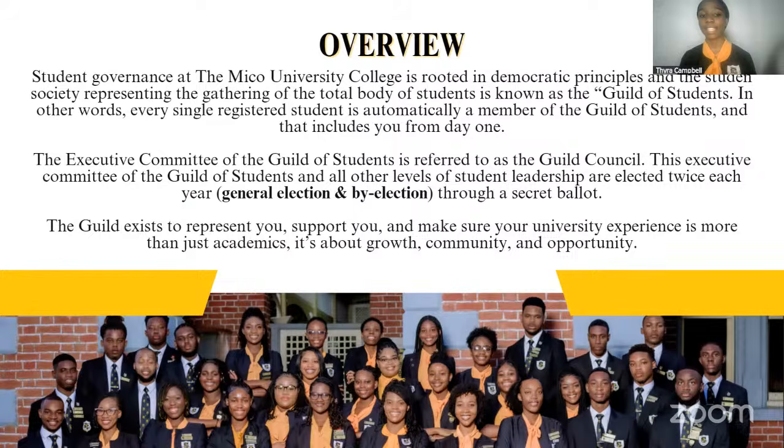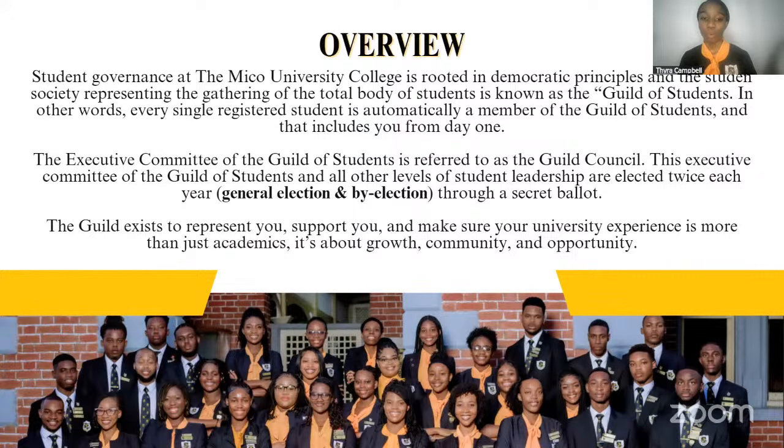The executive committee of the Guild of Students is referred to as the Guild Council Committee. The Guild Council works alongside other student leaders who are chosen by us, the students, during elections that are held twice a year: first in the general election, and then later on in the by-election through a secret ballot. This process ensures that there is confidentiality and fairness.